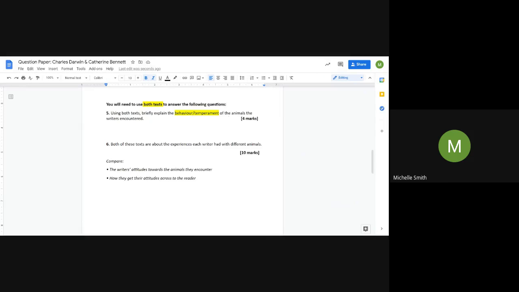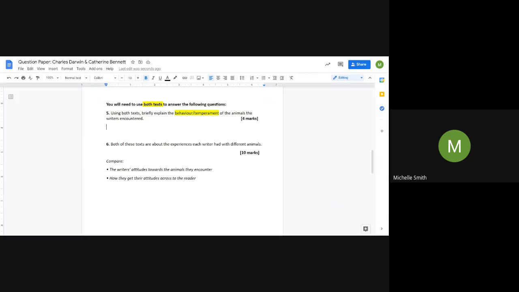But you could also make 3 points about the behavior of the tortoises and just 1 about the dog in document 2. Or the other way around, you could make 1 point from document 1 and 3 points from document 2. But you must use both texts. So it could be equal or it could be 3 and 1. As long as both texts are used, both ways are a route to getting full marks here.